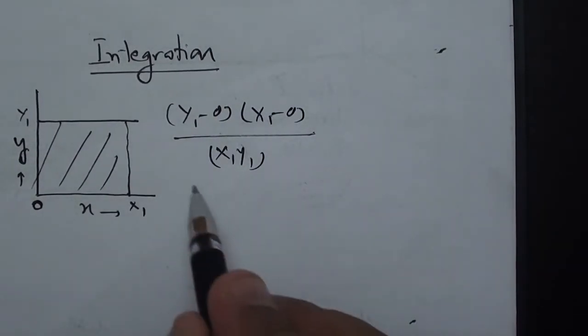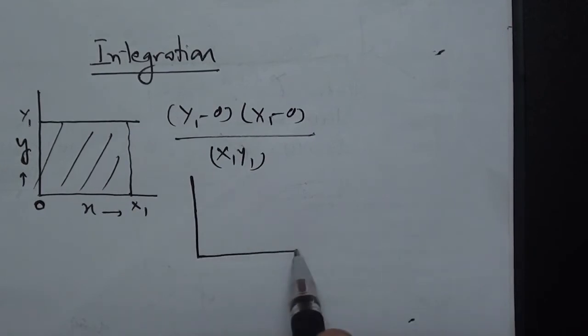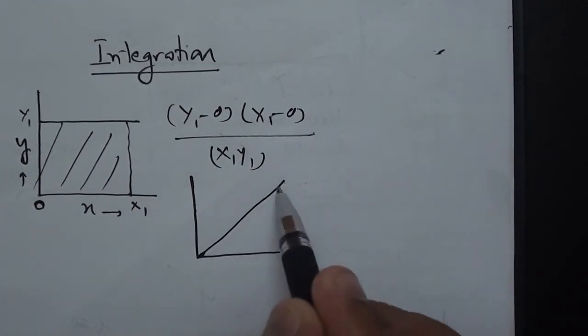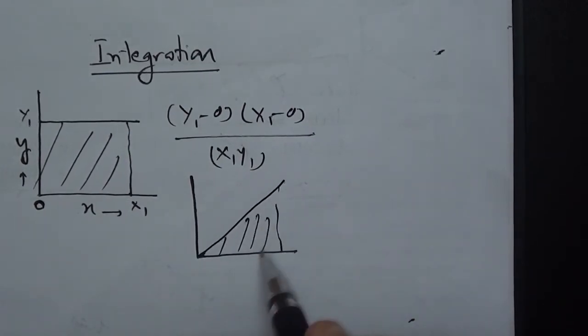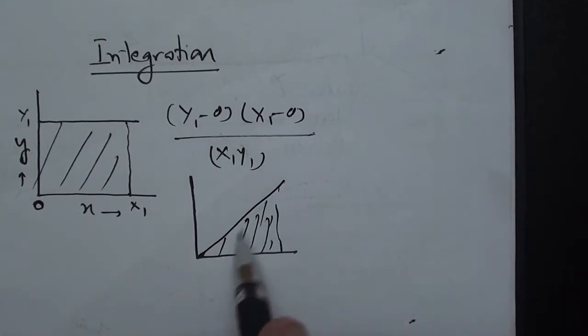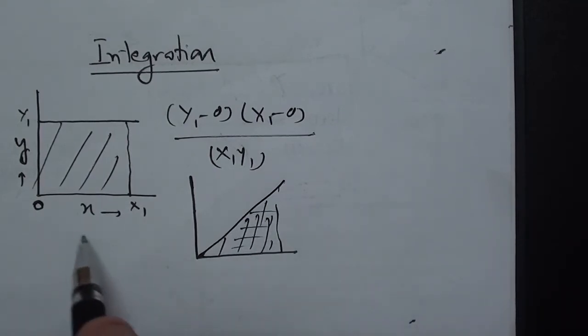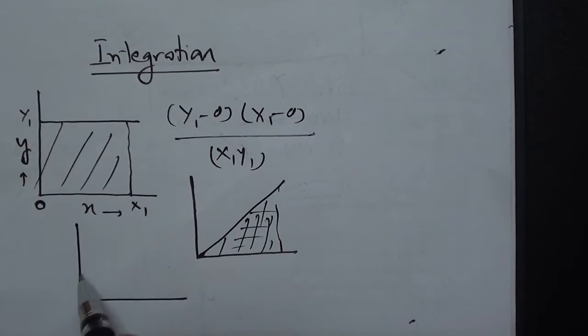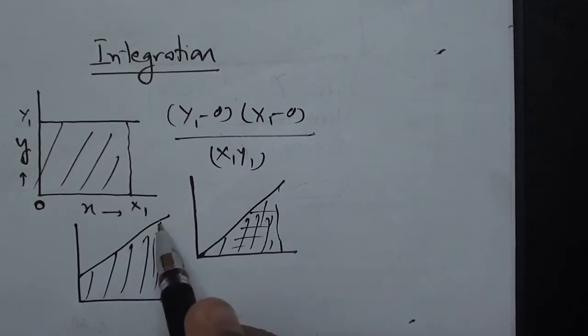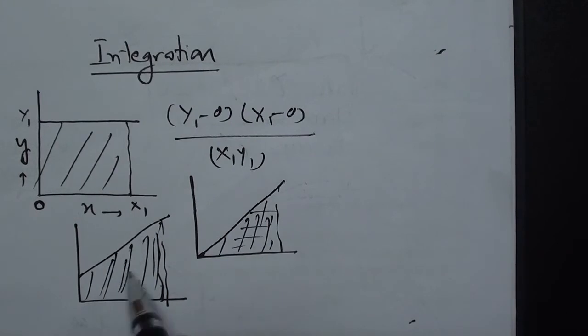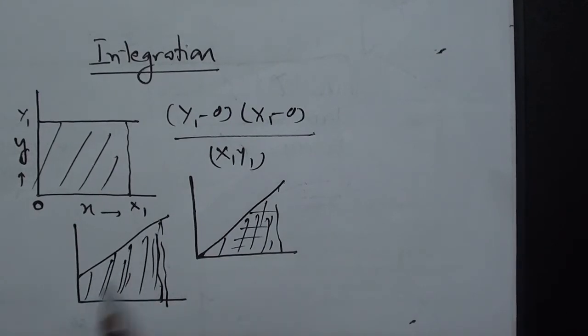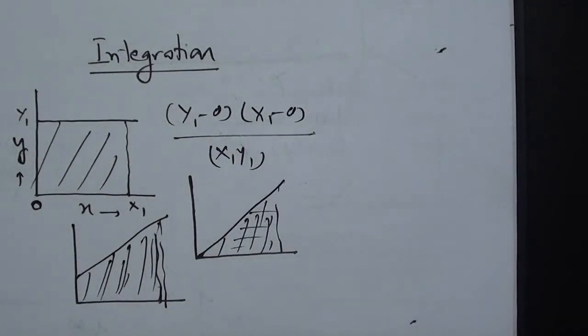If there is another shape, say for example we have a triangle formed by this line and the axis, then we can find out the area of this, or we can have even a trapezium. Then again, this is what we do in equations of motion. We can find out the area of this trapezium.